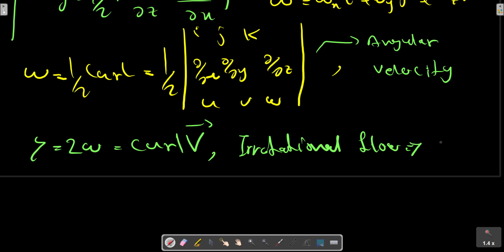Vorticity equals 0 or curl V equals 0. These relations are useful to have a description for shear stress rate that will be discussed in the next chapters. This is the end of this section, and the next section is frictionless irrotational flows.